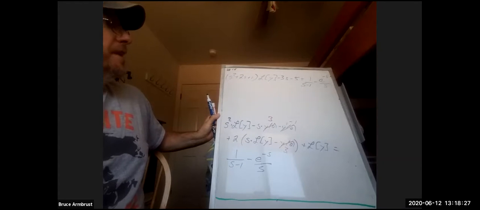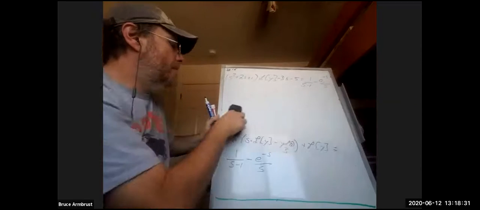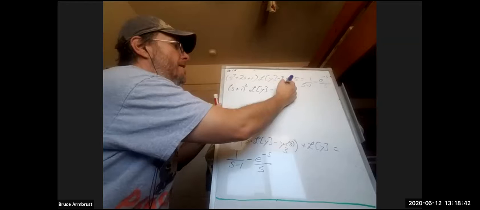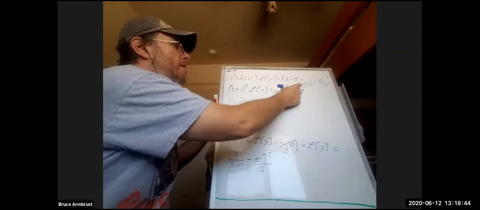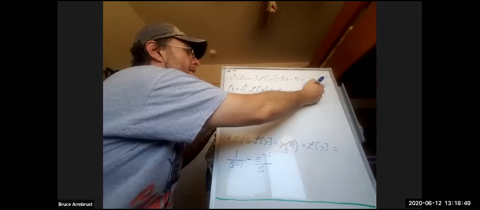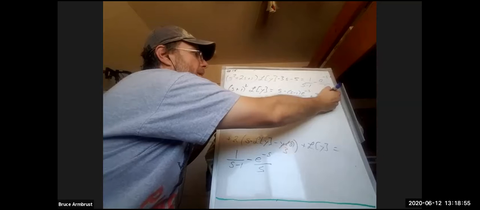All right, so now let's solve it for the Laplace transform of y. So we've got this. I'm going to write it as s plus 1 squared, just because we're going to want that eventually anyway. The Laplace transform of y is equal to s minus 1 times e to the minus s divided by s times s minus 1 plus 3s plus 5.